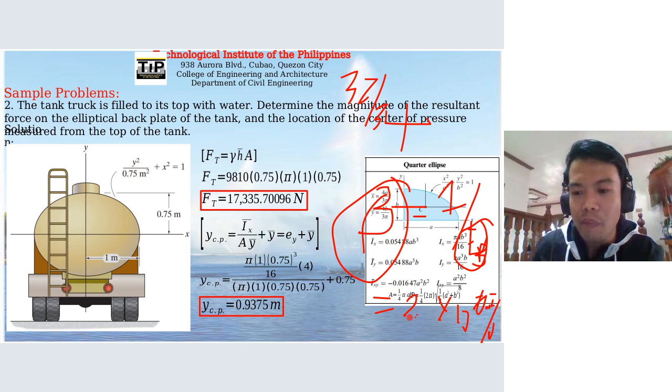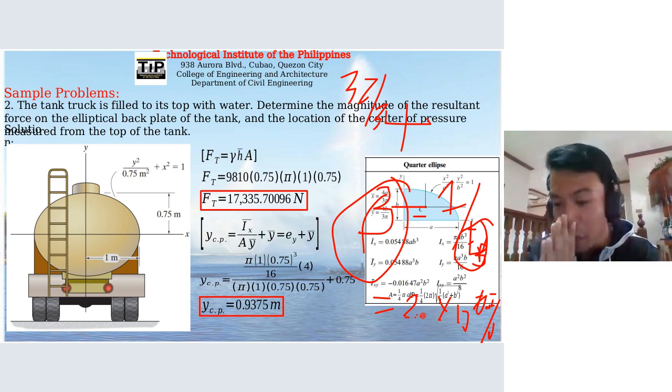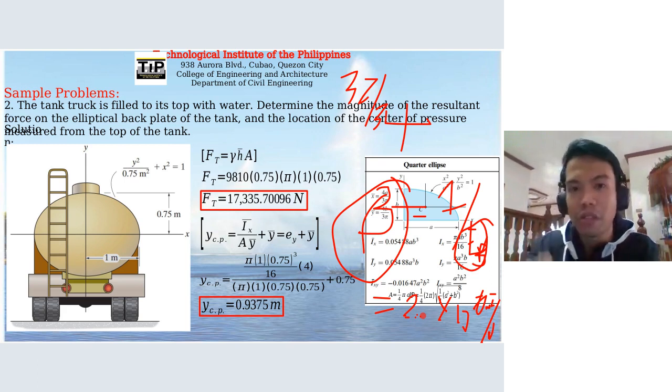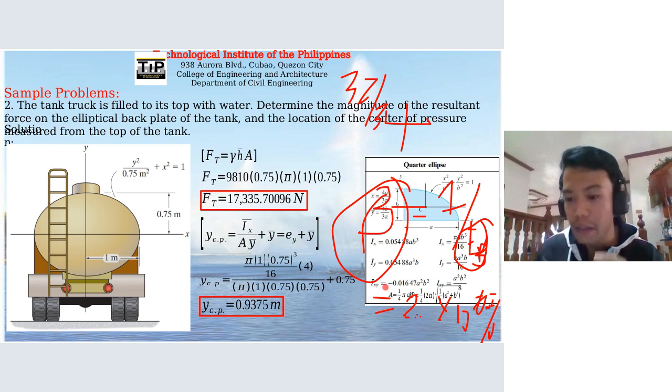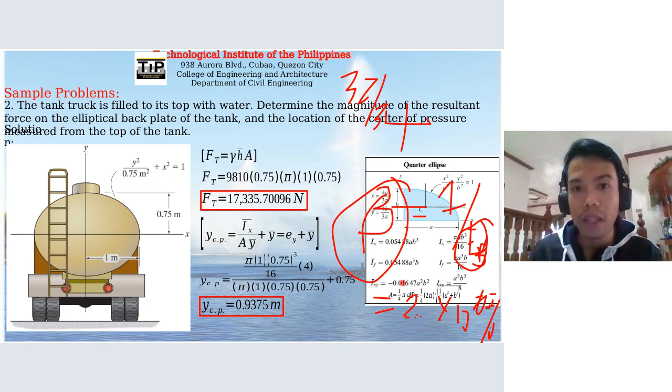Tapos, huwag nyo din kalimutan yung unit. No? So, kapag kasi walang unit, minaminusan ko siya. So, kailangan yung answer natin kompleto yung solution, yung final answer naka-box, tapos may unit. So, yun yung hinahanap ko. And kapag yun, nakita ko kompleto, tapos tama yung sagot, so I give the full credit.